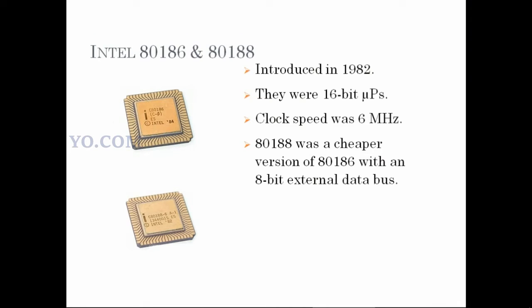So the first one is 80188 or 80186. This microprocessor was released in 1982. It is also a 16-bit microprocessor. The speed of this microprocessor is 6 megahertz. Two processors were released in 1982, one is 80186 and the other is 80188.